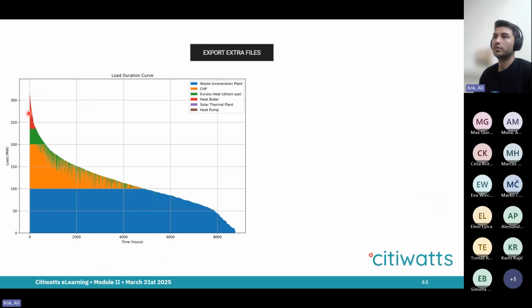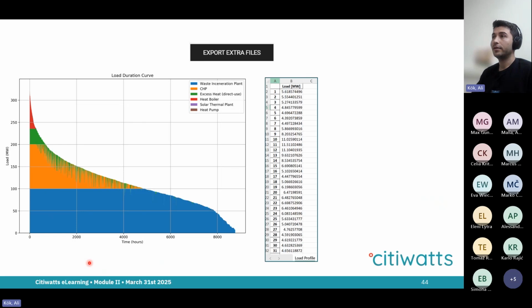And for the peak load, it uses the heat boiler. So this is the heat generation for each hour, but we just order it from the highest load to the lowest load.